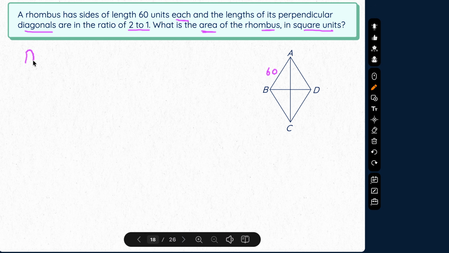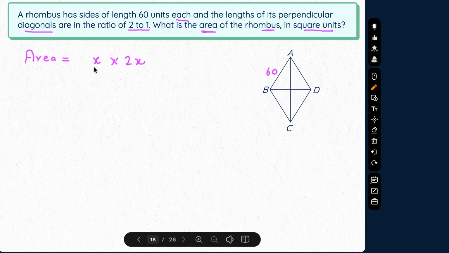I know that the formula for the area of the rhombus is equal to the product of its diagonals divided by 2, right? Let's say I take the first diagonal as x and the other diagonal as 2x. I can do that because in that case I am representing the ratio, right?